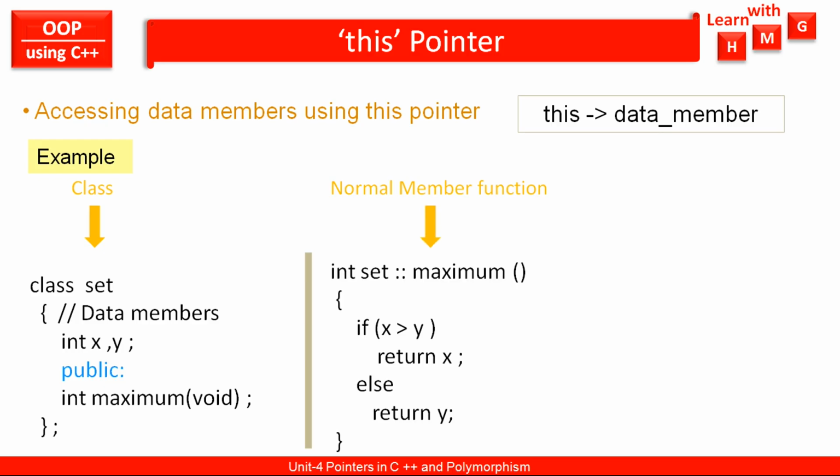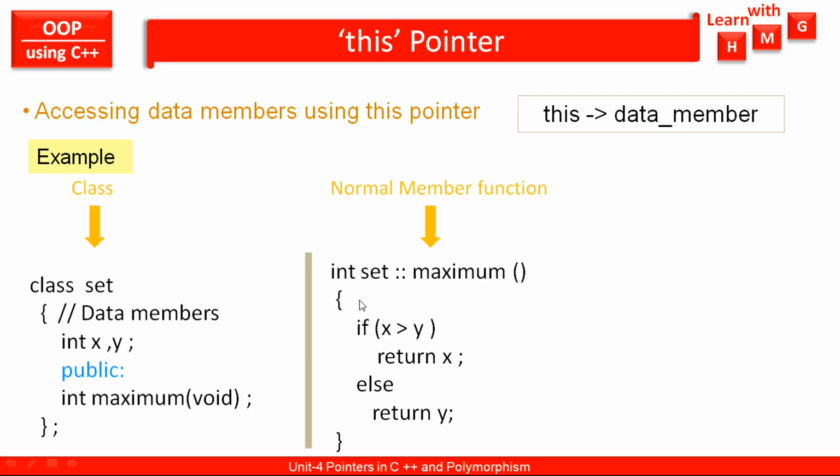We write it like this: int set scope resolution operator maximum. Here set is the class name and maximum is the member function of this class set, and it returns an integer type of value, so the return type is int, and the maximum function does not accept any argument.